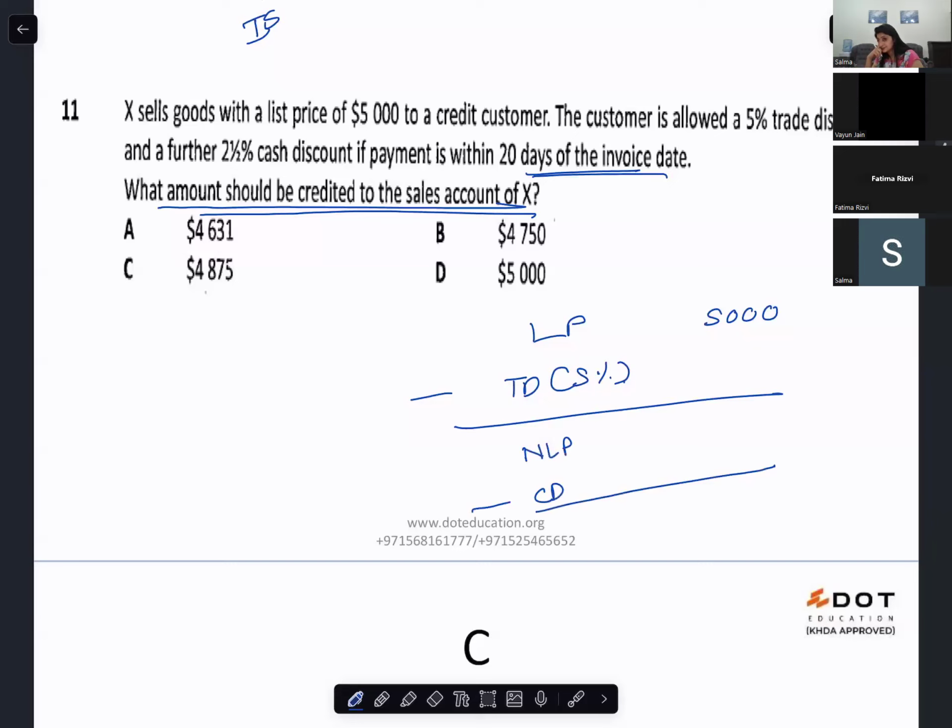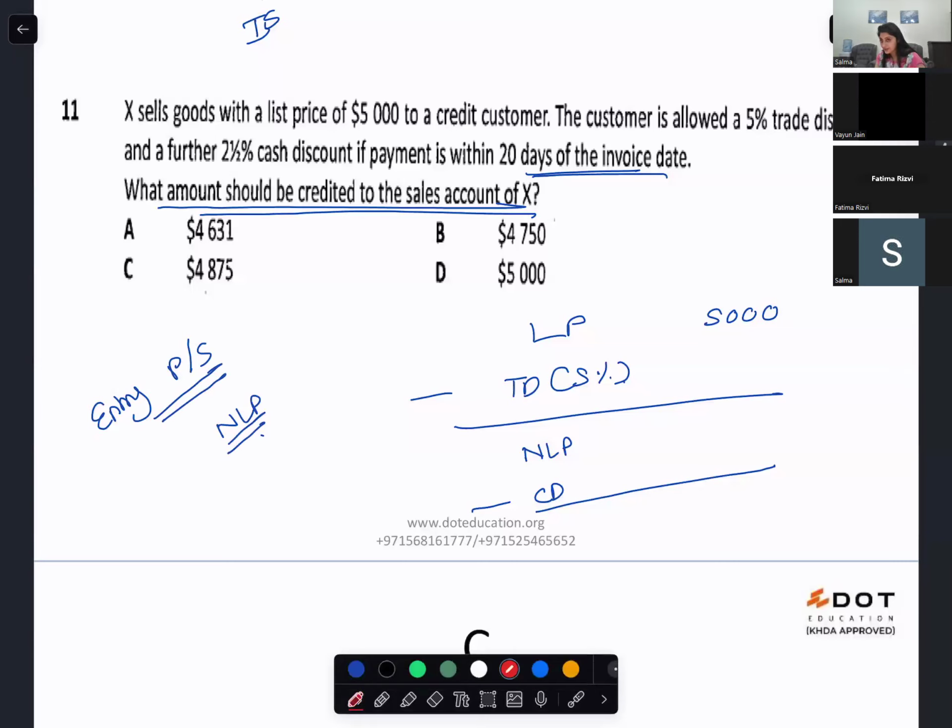It'll just be net list price, because purchases and sales would always happen at net list price. How do you get the net list price? You take the list price and minus the trade discount. The trade discount is 5%, which is 250. So the net list price is 4,750.